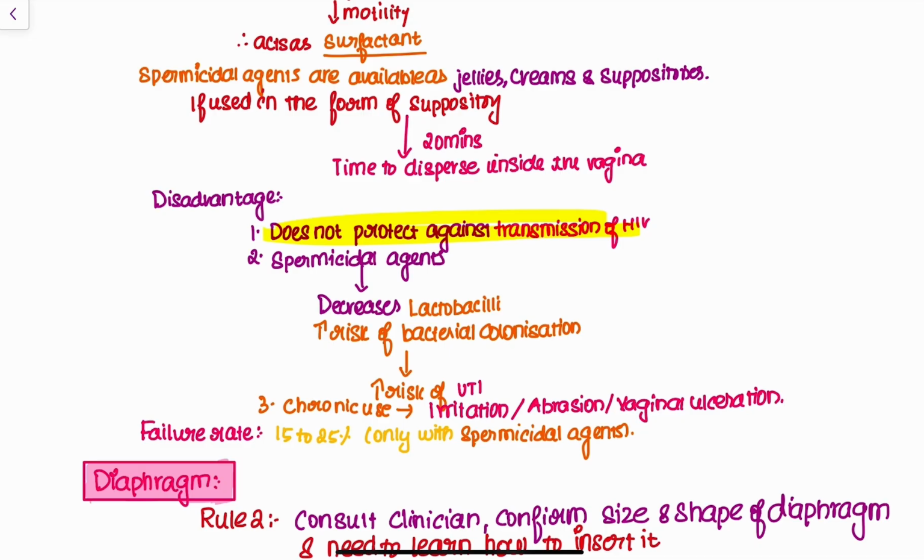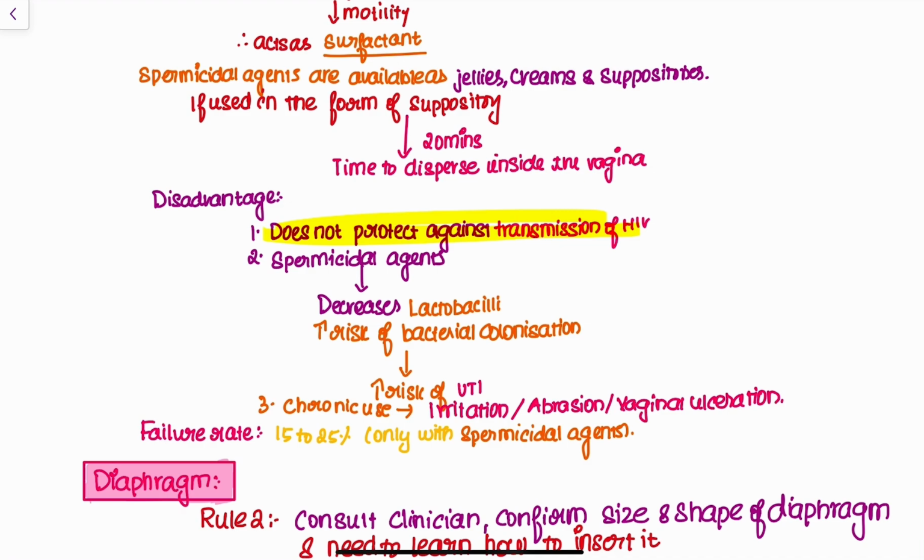The second important point is that the spermicidal agent is going to decrease the lactobacilli. Lactobacilli are the inhabitant bacilli which are normally present in the vagina, right? But spermicidal agents are going to cause a decrease in the lactobacilli, and it is going to increase the risk of bacterial colonization. So all the harmful bacteria are going to get colonized inside the vagina.